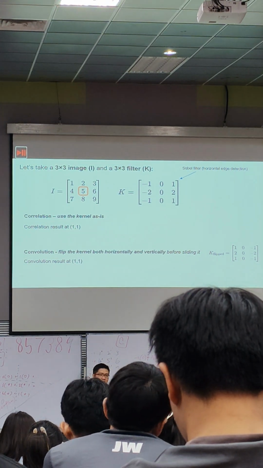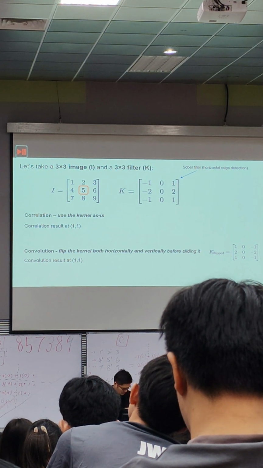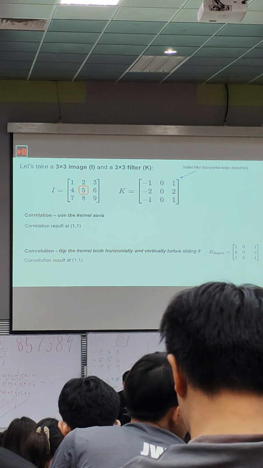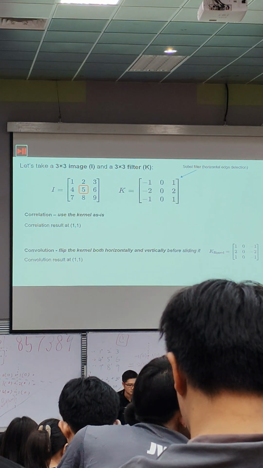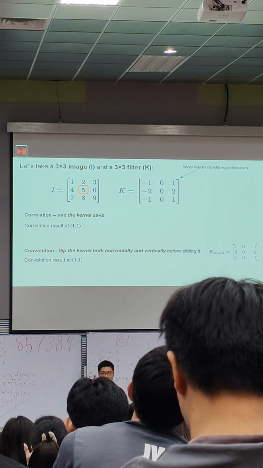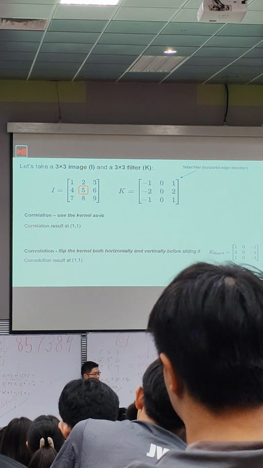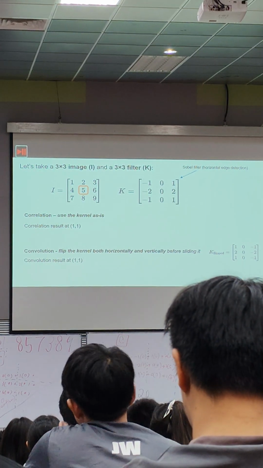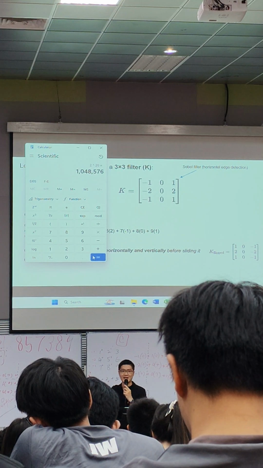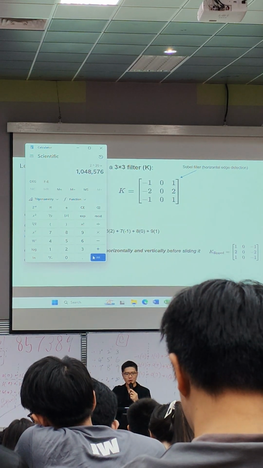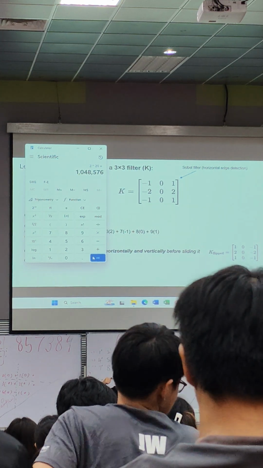If the question mentions that this is a 20-bit image, 2 to the power of 20, then after calculation, if it is more than this value, we are going to cap it at 1048575, because this is the maximum number available.